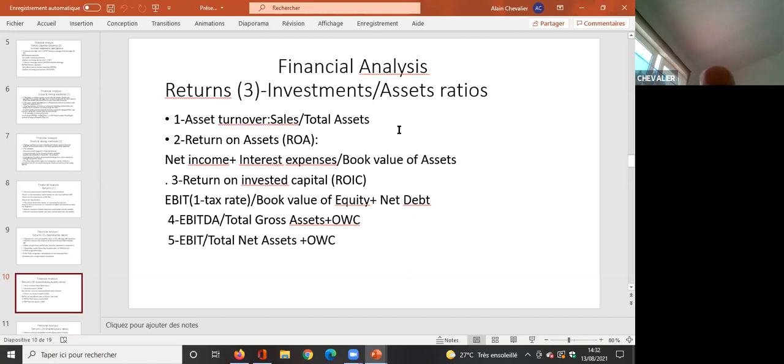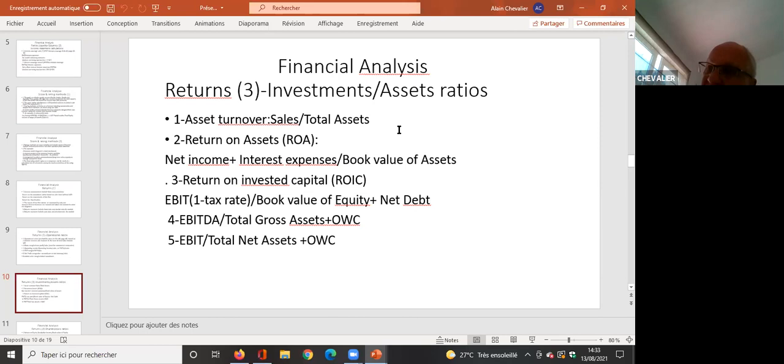The first one is the comparison between the EBITDA we just mentioned, which is the true result of the production consumption relation, divided by the total gross assets. It means the assets in book value before depreciation or amortization, plus something which is really connected, which is the operating working capital.